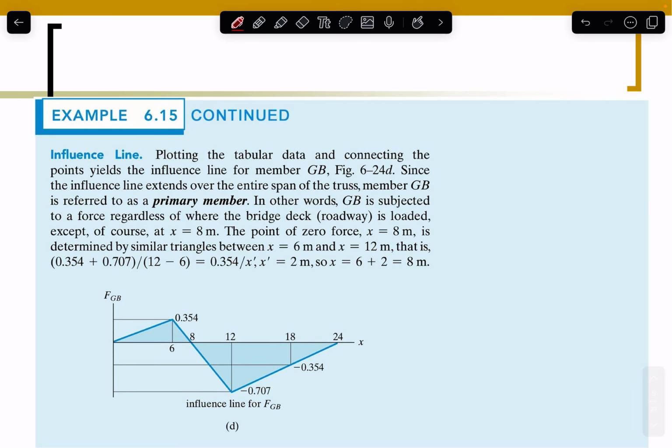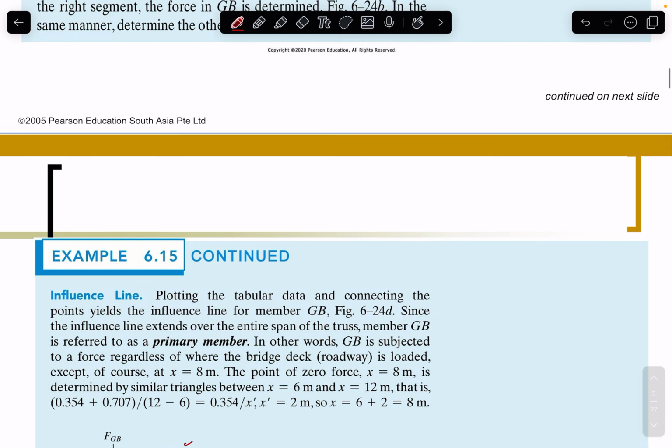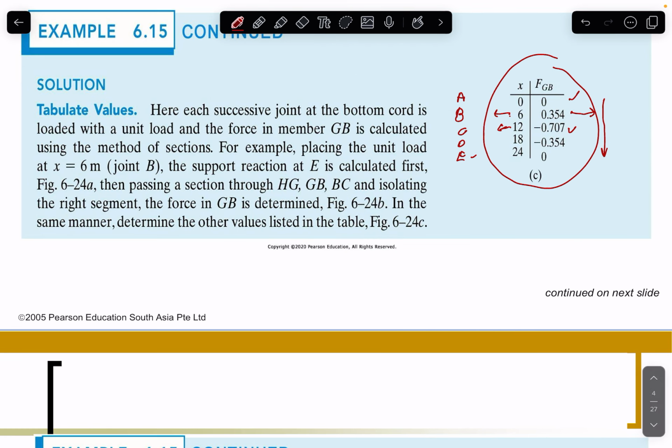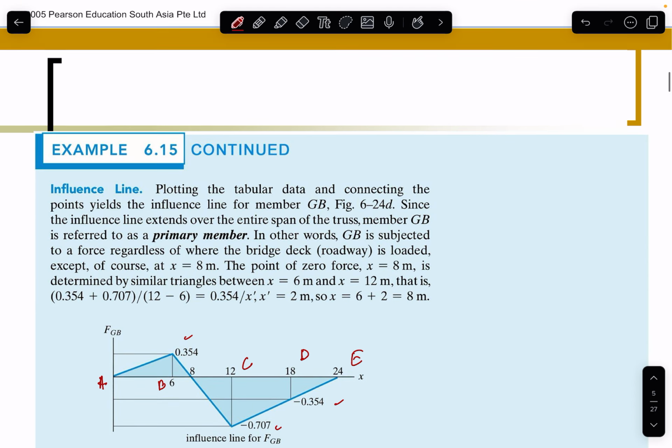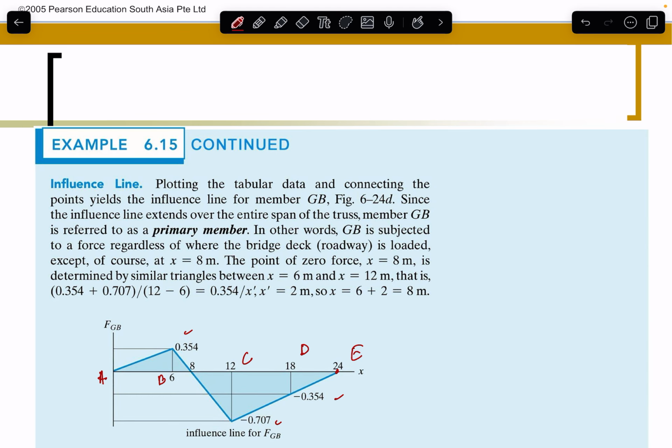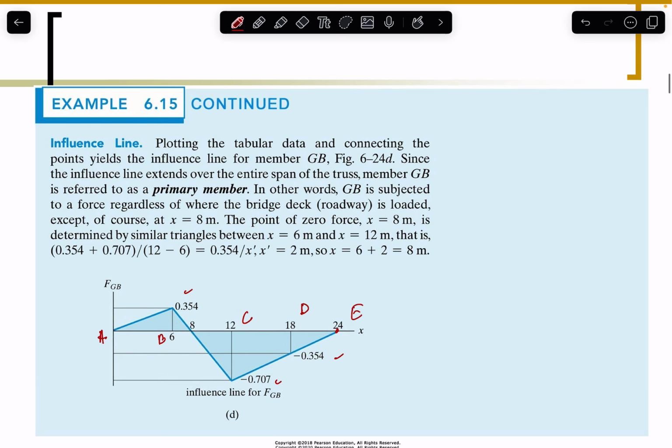This is at A, B, C, D and E. So you will have the influence line based on the values given in the table here. You can see at 24 meters, your influence line goes back to 0.